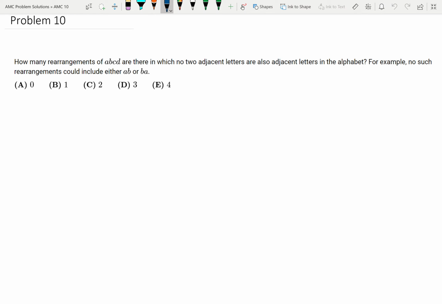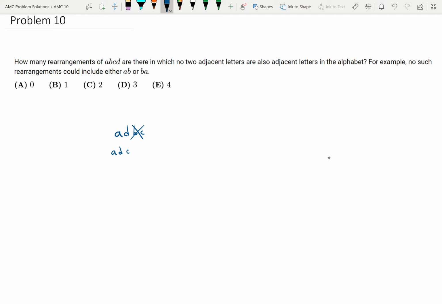the arrangement. If we start with the letter A, what types of arrangements can we have? So I could do, if I start with A, so it can't be B here. So if I did A, D, B, C, that won't work because B and C are adjacent.